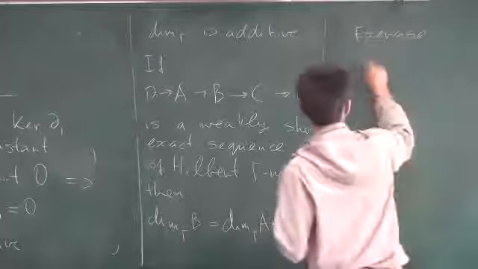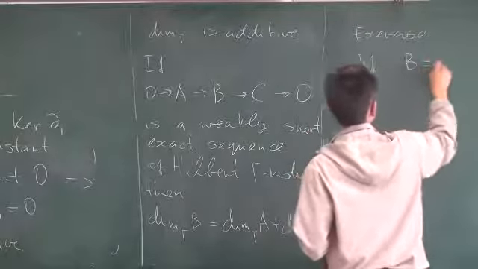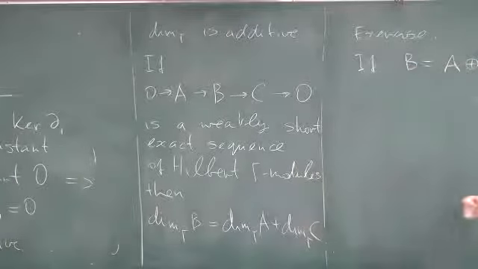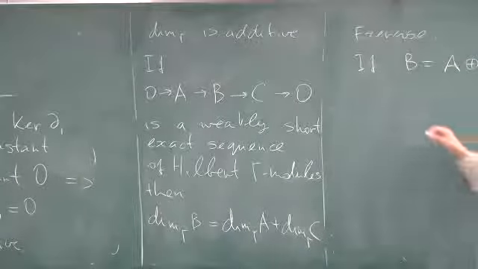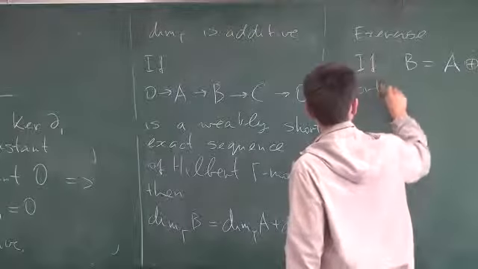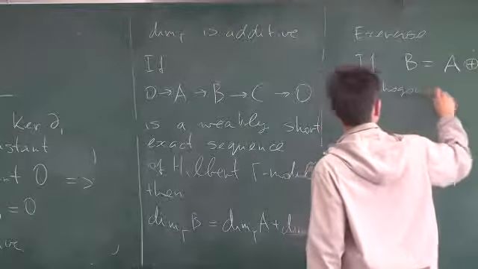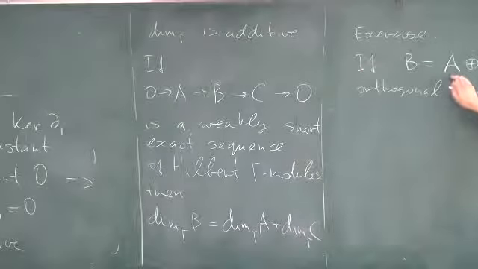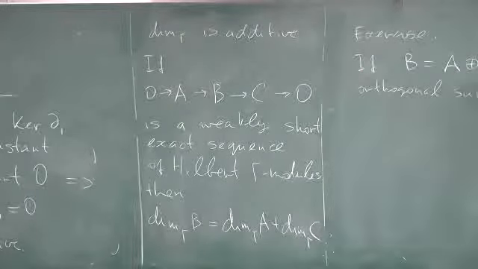So if B happens to be A plus C, the orthogonal sum, I'm taking some Hilbert gamma module A, a Hilbert gamma module C, and taking the orthogonal sum of them.